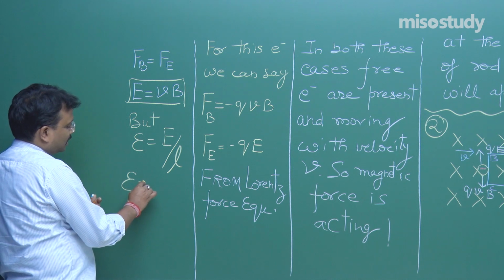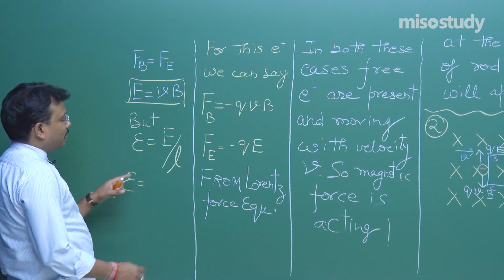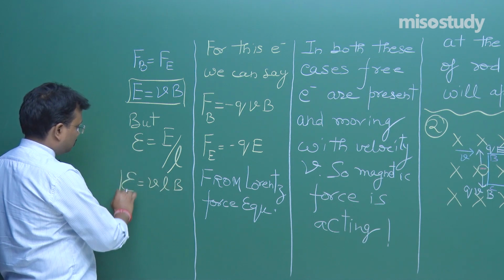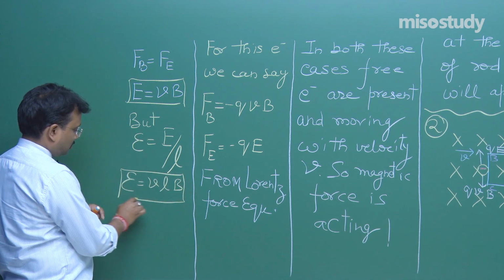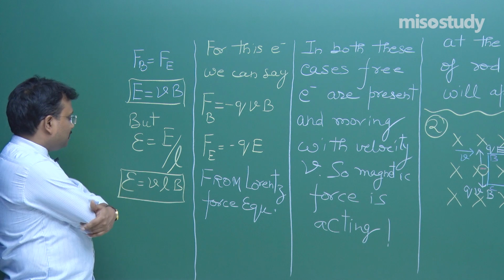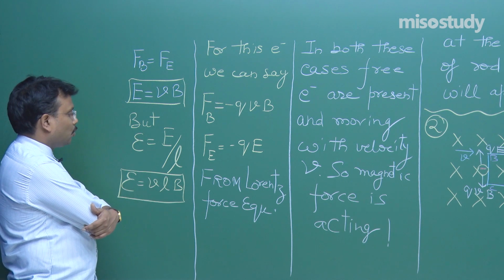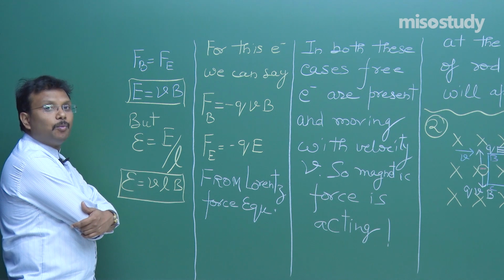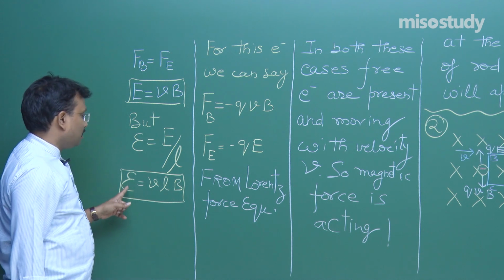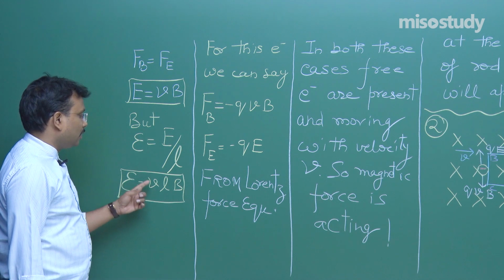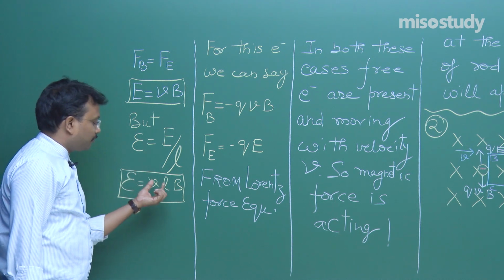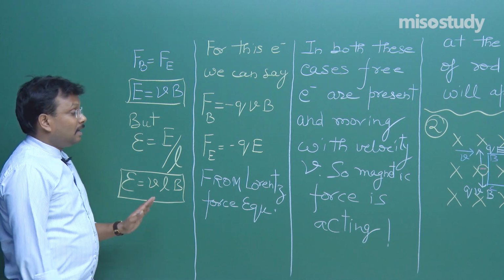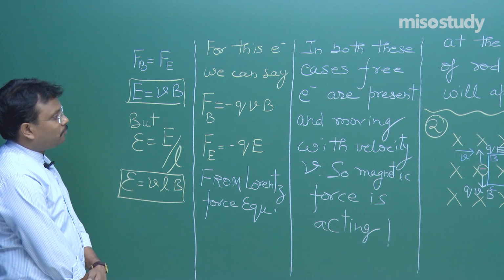So, induced electromotive force is going to give you VLB, fine. Basically, this is the equation for which we are looking in terms of this motional EMF, that is this EMF is equal to velocity, length of the conductor and magnetic field present, VLB. That is a very useful formula.